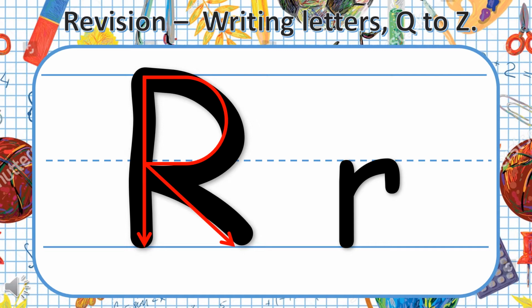Now we're going to take our pencils, put them on the middle line, and we're going to draw a straight line down to the bottom line. Don't lift your pencil, because now we're going to go back up on the same line until just before the middle line. Then you're going to make a curve to the right. There you go. Well done, everyone.